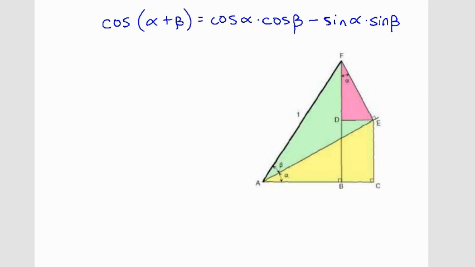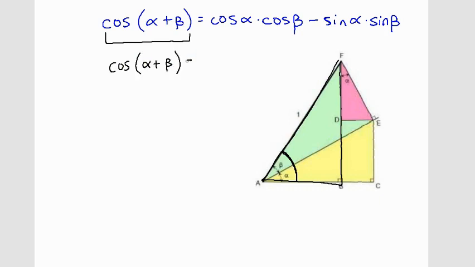So the first thing we're going to do is try and get cosine alpha plus beta in terms of the segments of this. Now, alpha plus beta is in this triangle right here. And so therefore, cosine being adjacent over hypotenuse is AB. So cosine alpha plus beta is equal to AB. But the hypotenuse is still 1, so basically just AB.